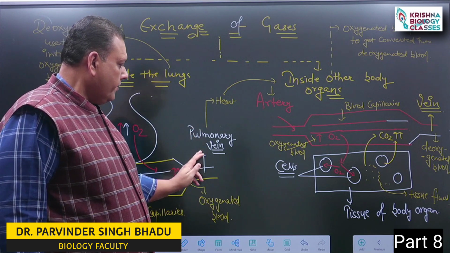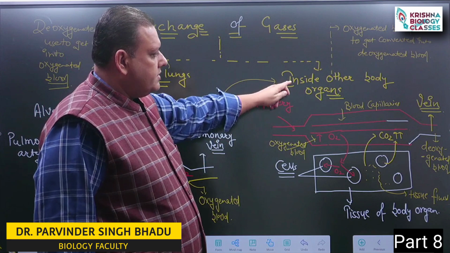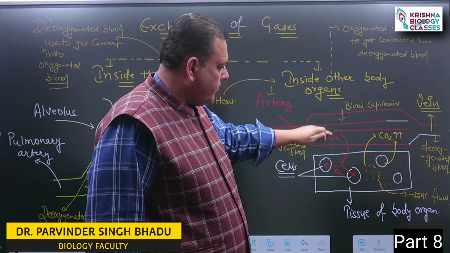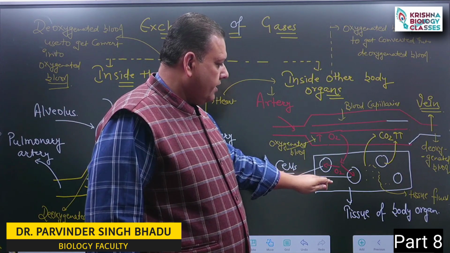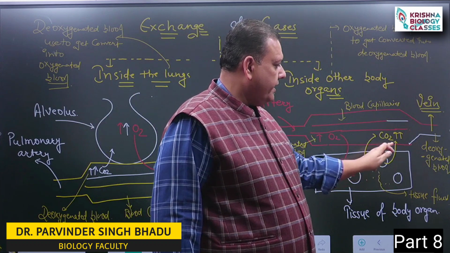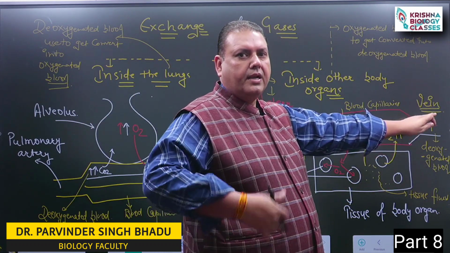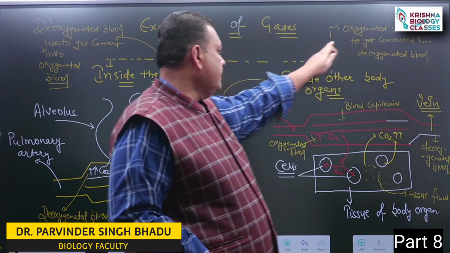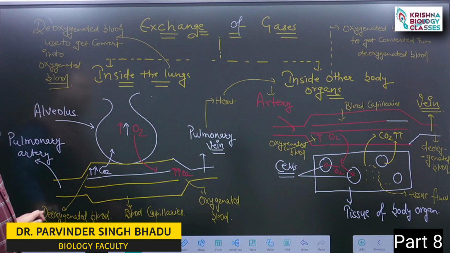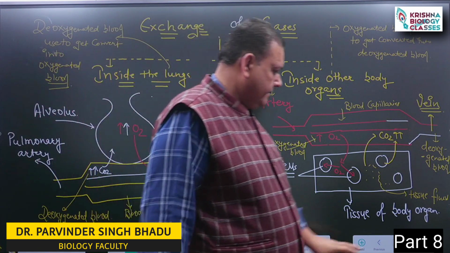Oxygenated blood, with the help of the pulmonary vein, reaches the heart and moves towards the body organ. Inside the body organ, oxygen enters from blood capillaries into the tissue fluid, then into the cells. CO2 is produced, released into the tissue fluid, enters the blood capillary, and then the blood becomes deoxygenated. Deoxygenated blood comes to the heart, and the heart again brings it into the lungs. That is how exchange of gases takes place.